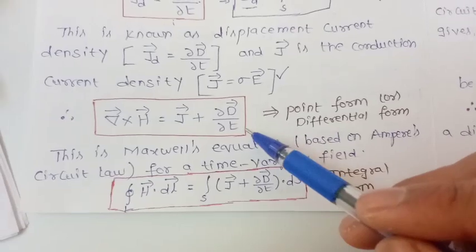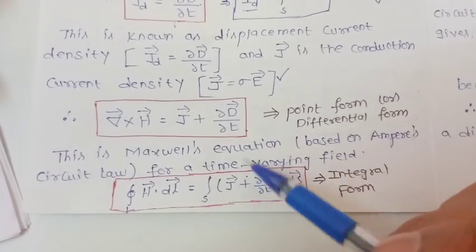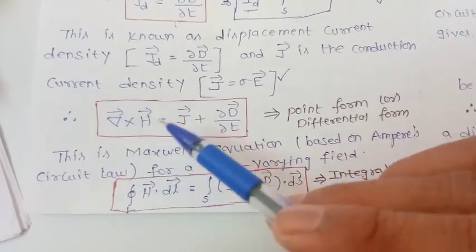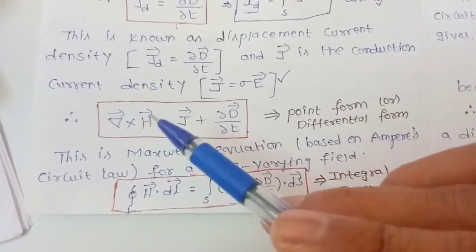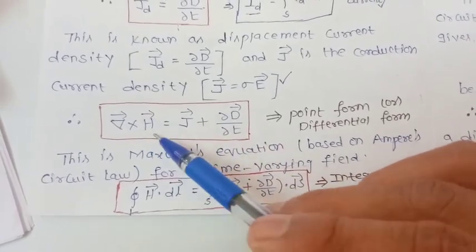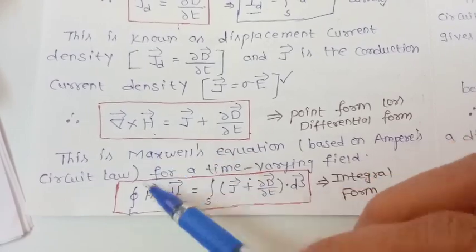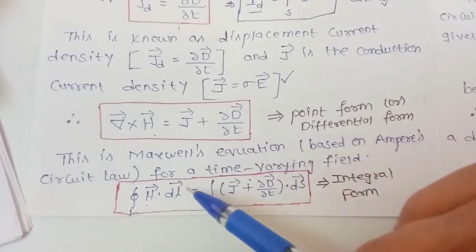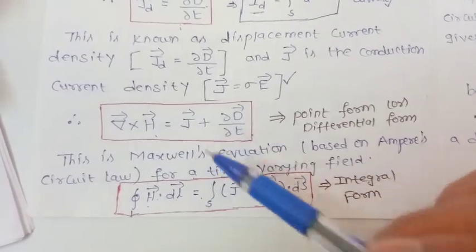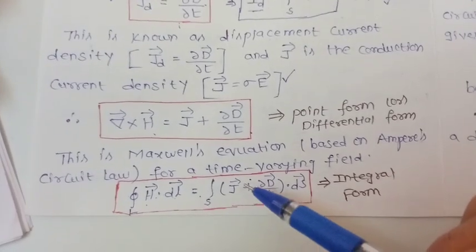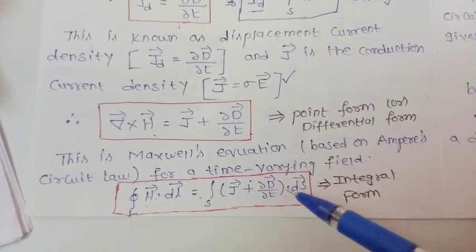If you want to write this in integral form, I am going to write it from Stokes theorem. This becomes the closed line integral of H bar dot dl bar, which is equal to the surface integral of J bar plus dou D bar by dou t dot ds bar.